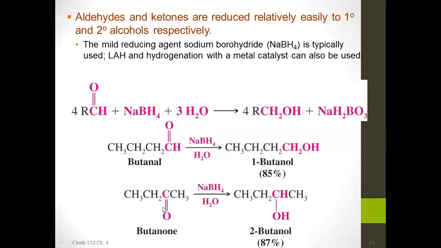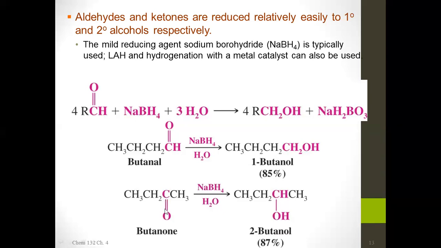This is a ketone. Once you do the reduction process with your borohydride, H2O, you actually get your alcohol here, 2 butanol. So the hydride again will attack this carbon here, and you get your CH. It will utilize the electrons from the hydride, H with an electron. You will use that to form a bond here. Once the carbon and hydrogen form a bond, the pi electrons from carbon and oxygen move to oxygen.